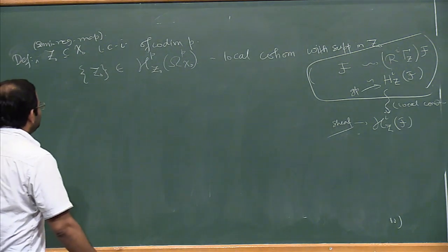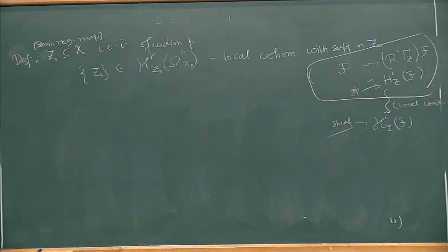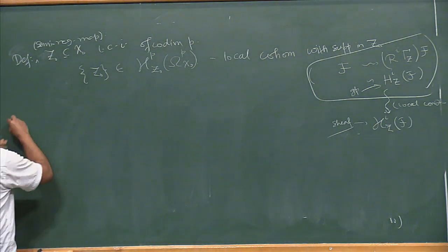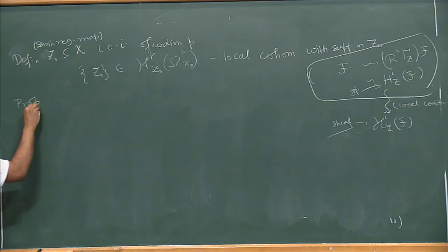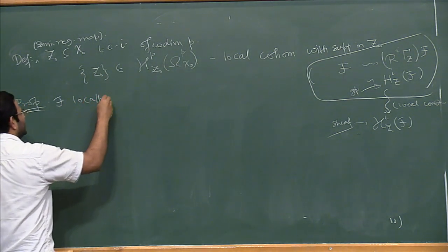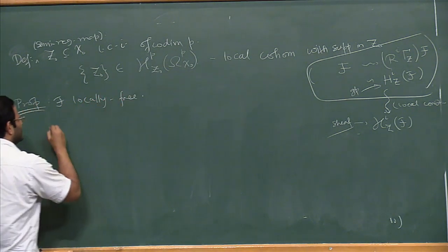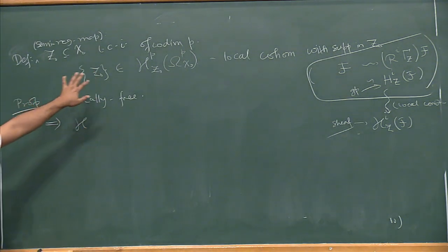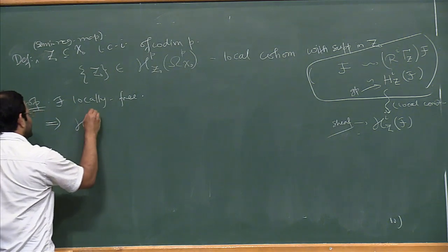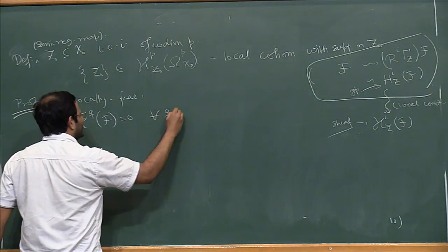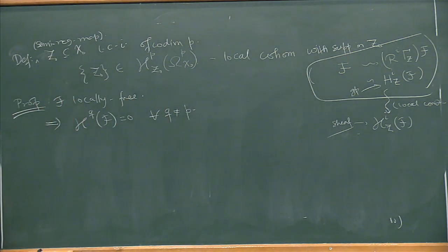Okay, now what we also know is that if I have a locally free sheaf here, this is a well-known result, if F is locally free, then in this situation, codimension P, H^Q is 0 for all Q not equal to P. Otherwise it's always 0.